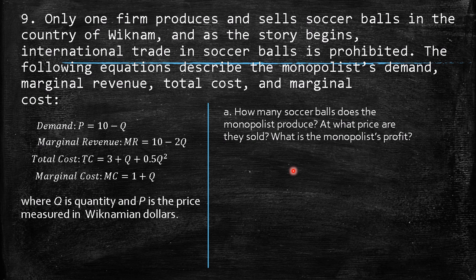And here is the first question. How many soccer balls does the monopolist produce? At what price are they sold? What is the monopolist's profit? First, we need to be aware of the monopolist's condition, which actually applies to all companies: marginal revenue equals marginal cost.